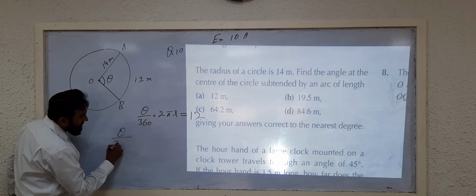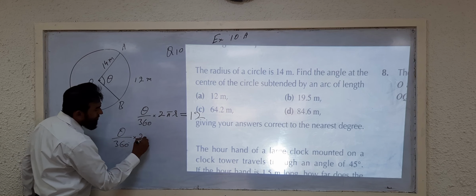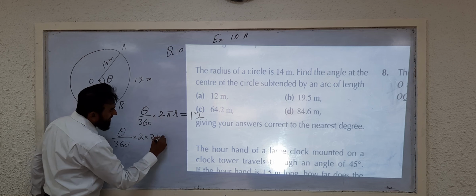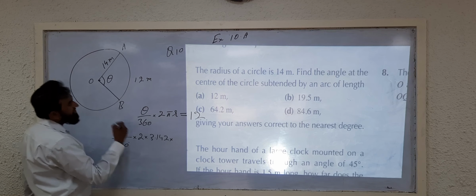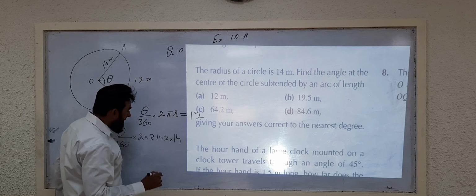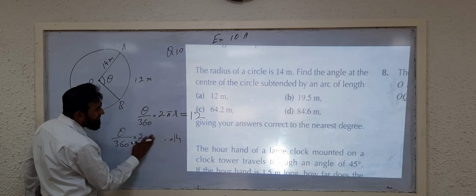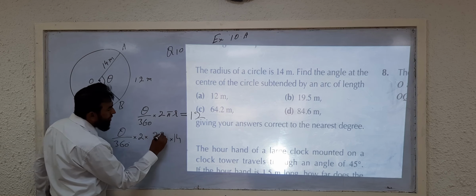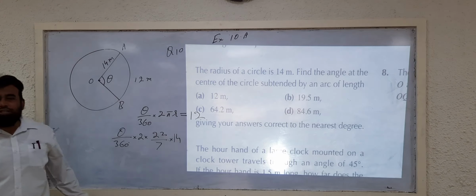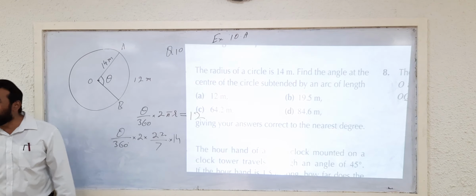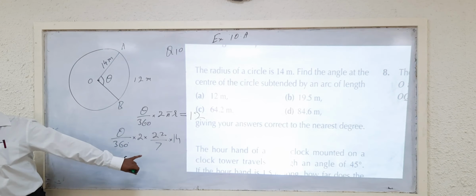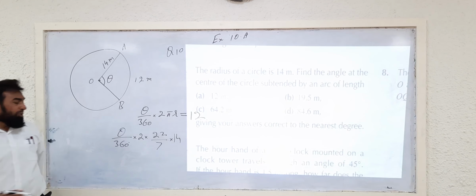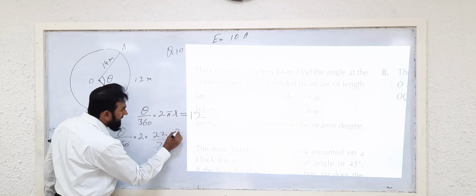Theta, which is required to be found, into 2 into pi, 3.142, and the radius, which is 14. You can also use the value of pi as 22 over 7, because here 7 and 14 are cancelling each other. That's why I am using 22 over 7 instead of 3.142. 7s are 7, 2s are 14.